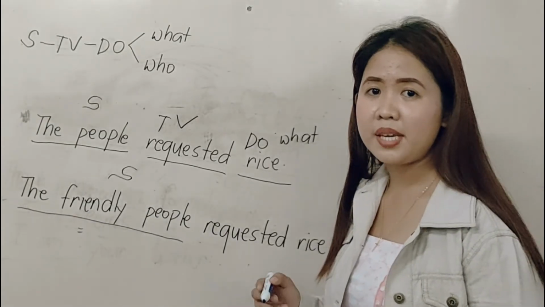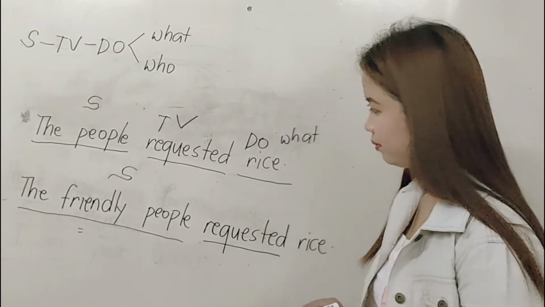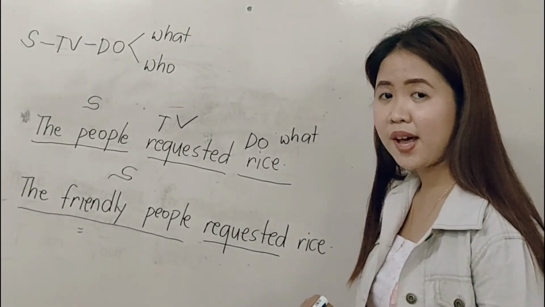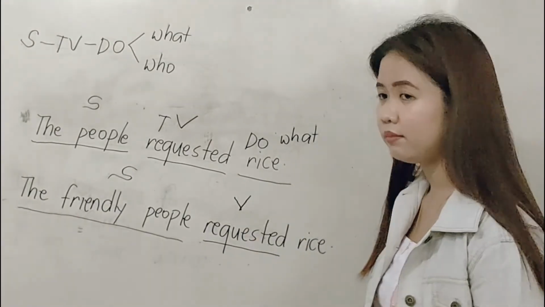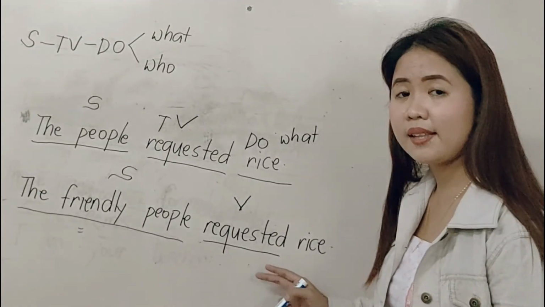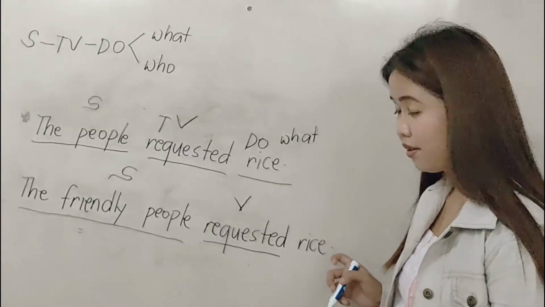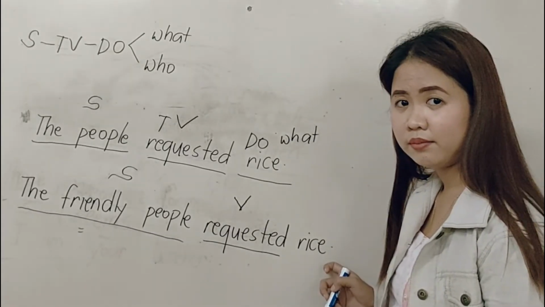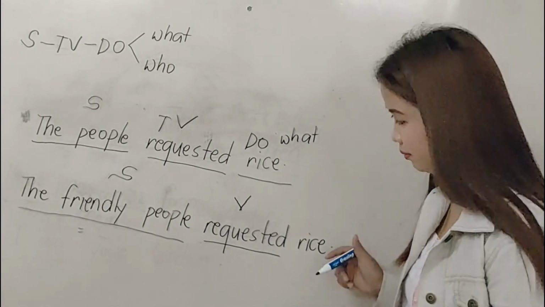What is the verb being performed? Requested. Requested functions as a verb. Now, the friendly people requested what? The answer is rice. Again, this is answerable by the what question.